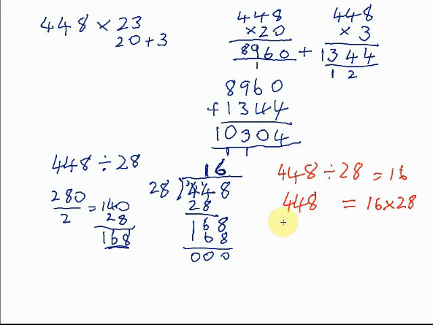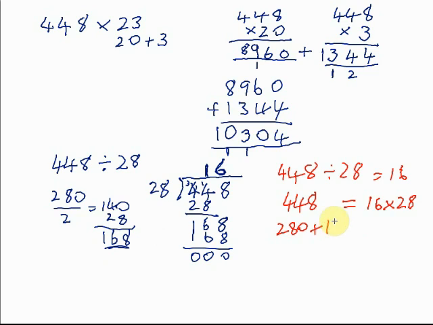Well, let's check. 16 28s are 10 28s plus 6 28s. 10 28s are 280 plus 6 times 28. Well, we've already done it over here, haven't we? With 5 28s are 140, and then another 28 is 168.